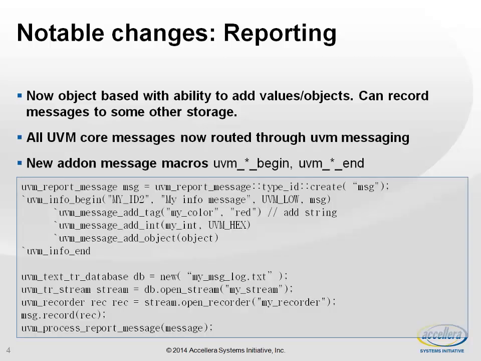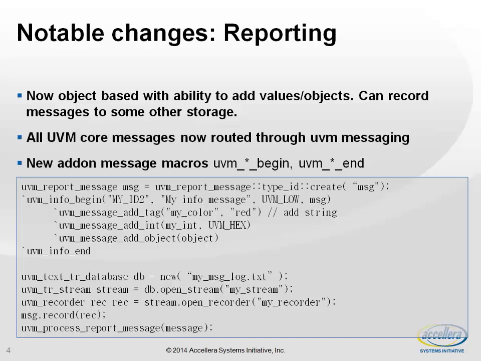And there's a new add-on, message macros: `uvm_info_begin, `uvm_info_end, `uvm_warning_begin, and so on. You can use these macros like normal messaging macros, but you can add additional data into these messages. I have a small example here. First of all, we construct an instance of a message object, and then we start a new message with all what we had before, like a tag, a message body, and a severity.